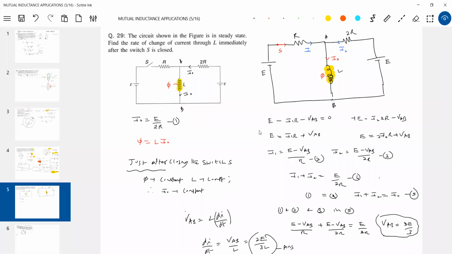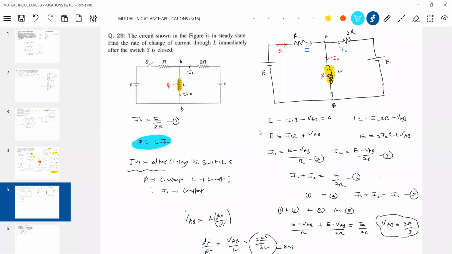Please try to understand the condition given, and this is the core idea that you should not forget. This is very important. Suddenly the flux across the inductor cannot vanish or suddenly appear.